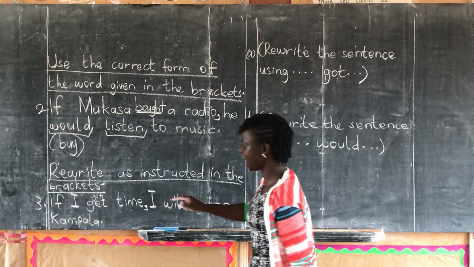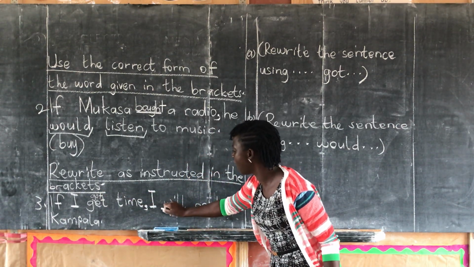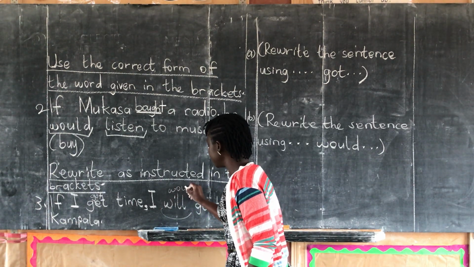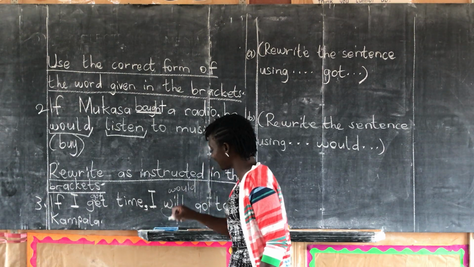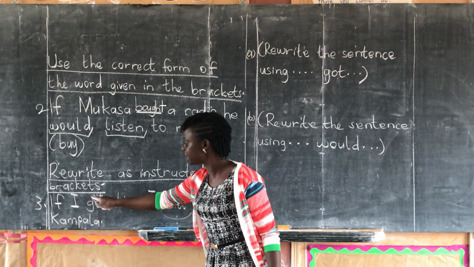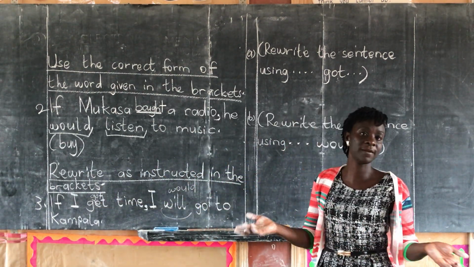The moment you have past simple tense here, it means that where you have will, you are going to change it to would. Would is the past tense of will. The moment you change this to past tense, you also change here to past tense, and you have the answer.